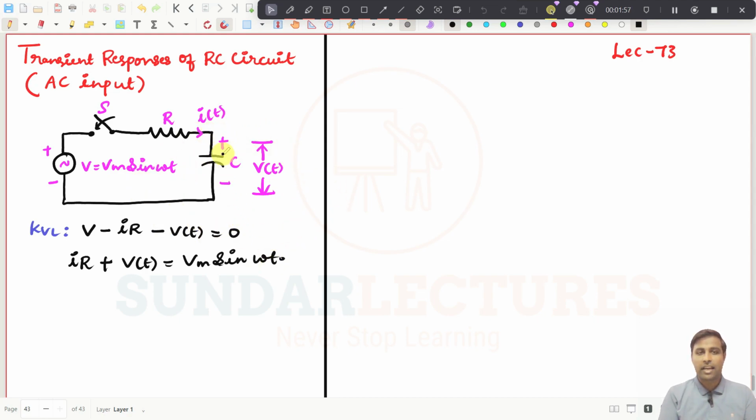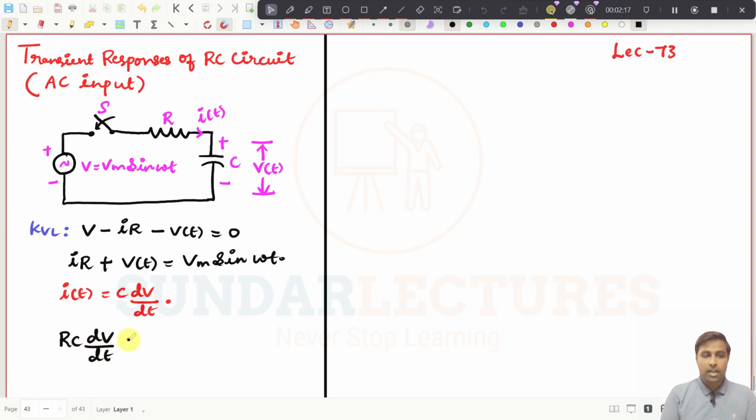If the current is flowing from plus to minus, then obviously the current will be C into dV by dt. So you substitute this instead of I of t in this expression. What you will get is RC dV by dt plus V of t, and that should be equal to Vm sin omega t.